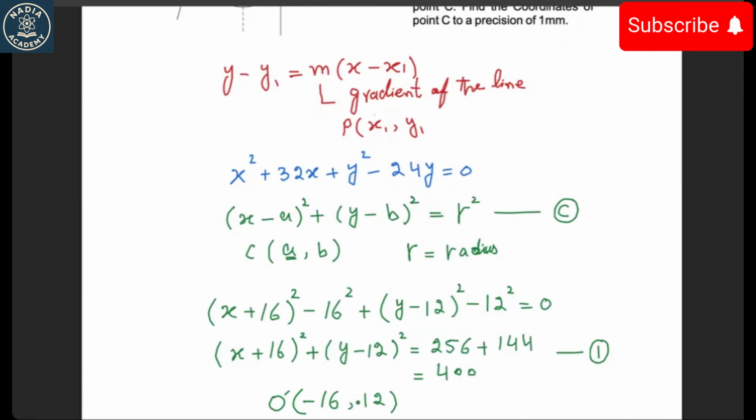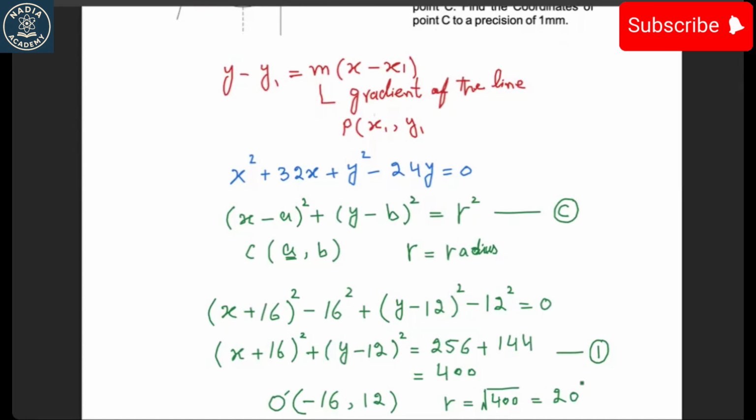Now, these are the coordinates of the center. That is actually our main target, the main thing that we need to know. Now, for the value of the radius, you can see that the radius r is equal to the square root of 400. That means it is going to be equal to 20.